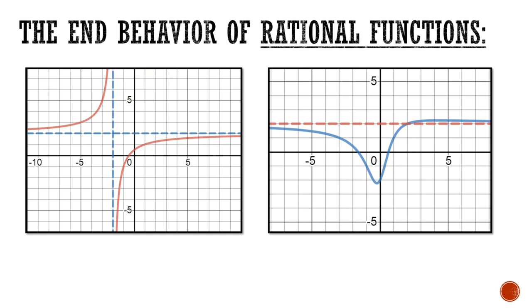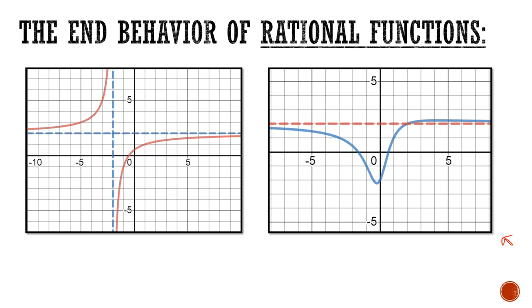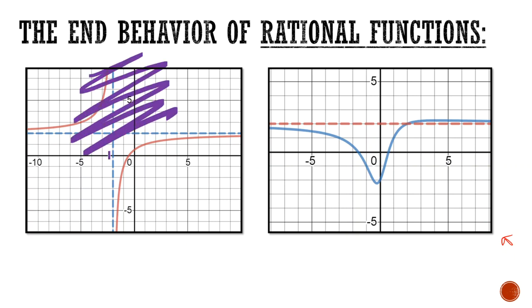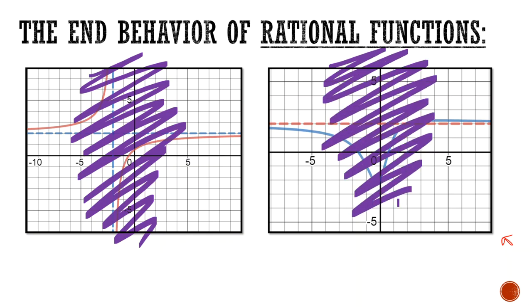For this one, it's at y equals 2. So let's look at this one. Now we have two rational functions here, the one we already looked at and this new one here. And remember, since we're looking at end behavior, we really don't care what's going on here in the middle, on either one. For both of them, we're saying, what is this thing doing as x gets really big, as x goes to positive infinity?